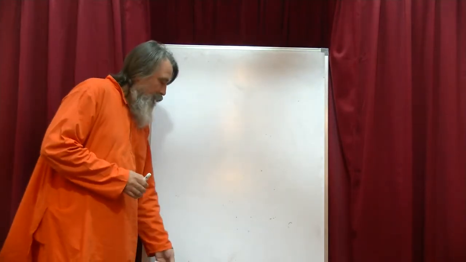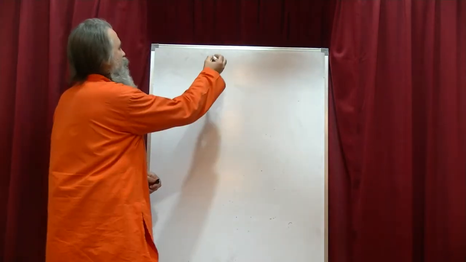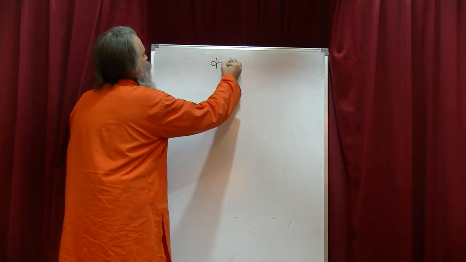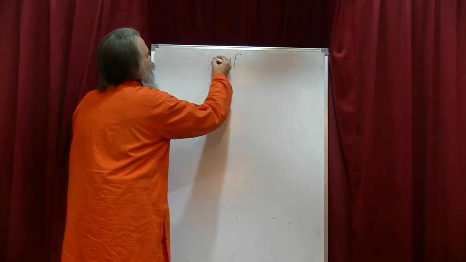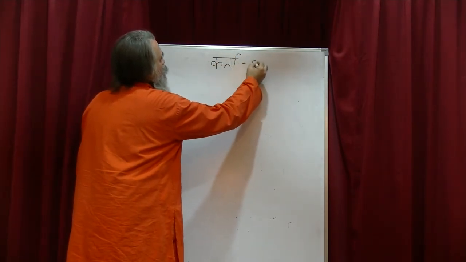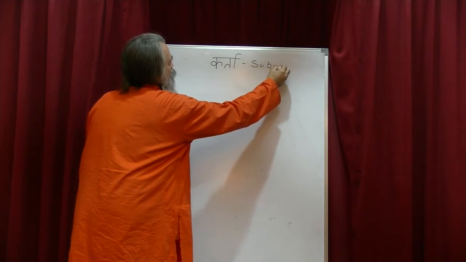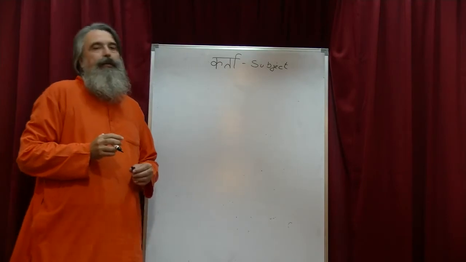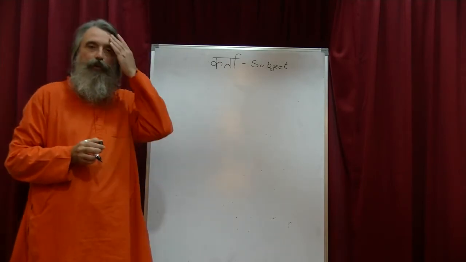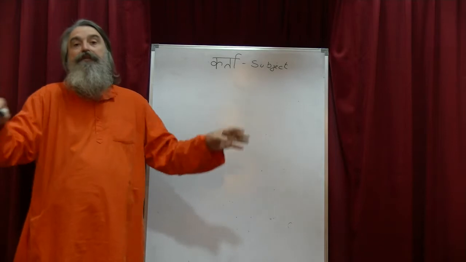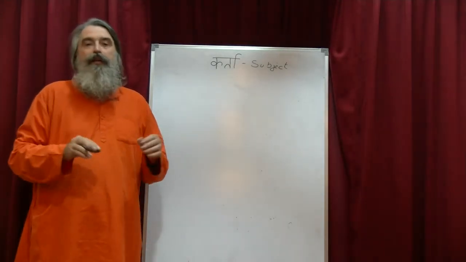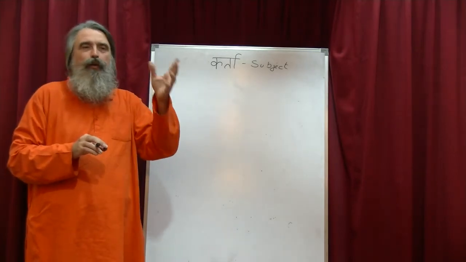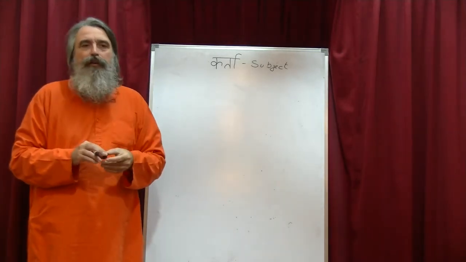Today we will start with the topic of our first lesson, karta or subject. So we will start with personal pronouns because we are using them everywhere all the time. We are always saying what is his name, her name, who is she, who is he, what is that.